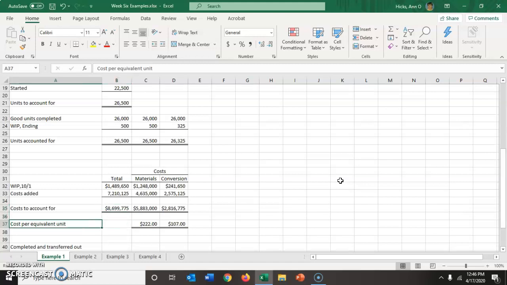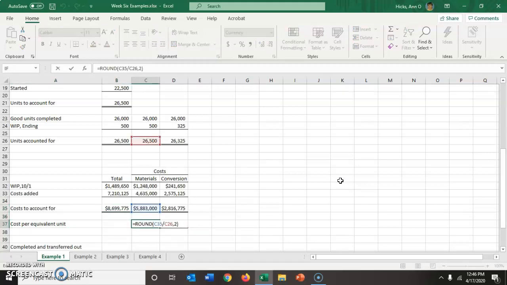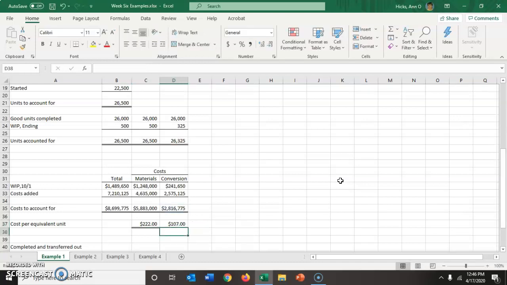To calculate the cost per equivalent unit, all we need to do is to take the material costs of 5 million and change and divide it by the materials equivalent units of 26,500. That gives us $222 per equivalent unit. Then we're going to do exactly the same thing for conversion costs, and we get $107 per equivalent unit.